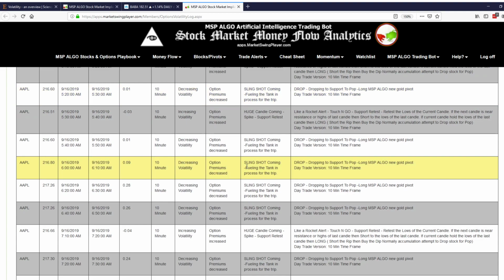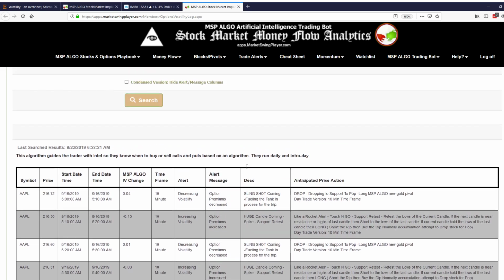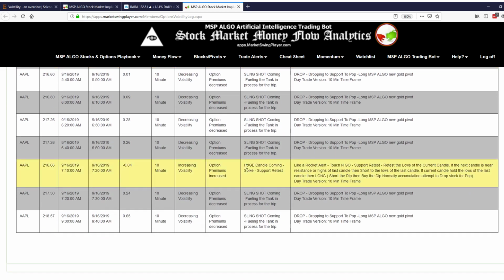Okay, specifically for Apple or whatever stock you select, SPY, Baba, Amazon, Google, whatever. Okay, so we could see, and it's telling us information on the anticipated price action. So really for the 16th, there was really one alert after market open.